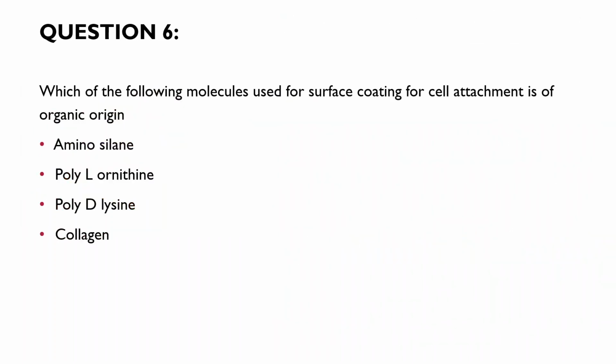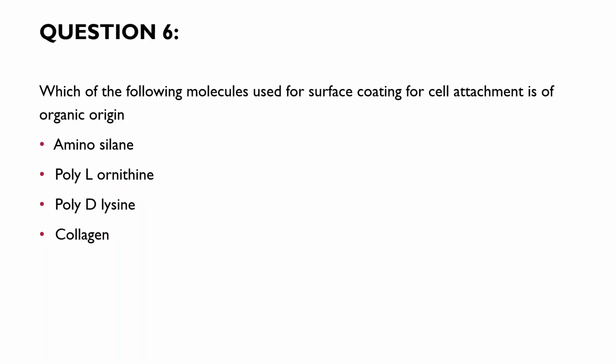Which of the following molecules that are used for surface coating for cell attachment is of organic origin? The options are aminosilane, poly-L-ornithine, poly-D-lysine, or collagen.